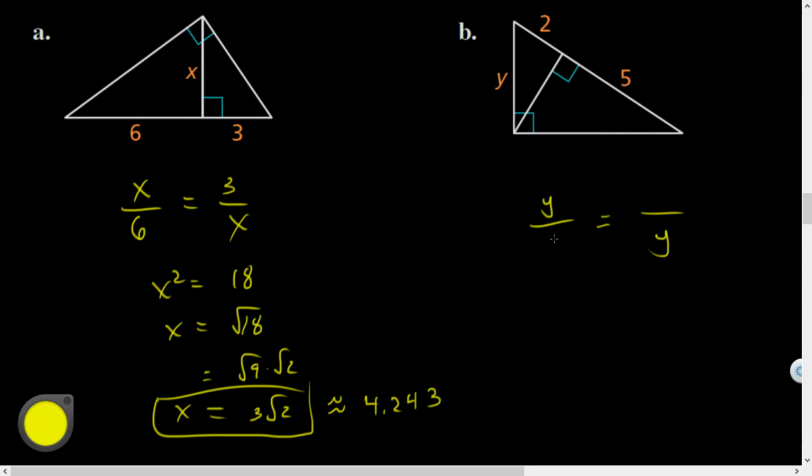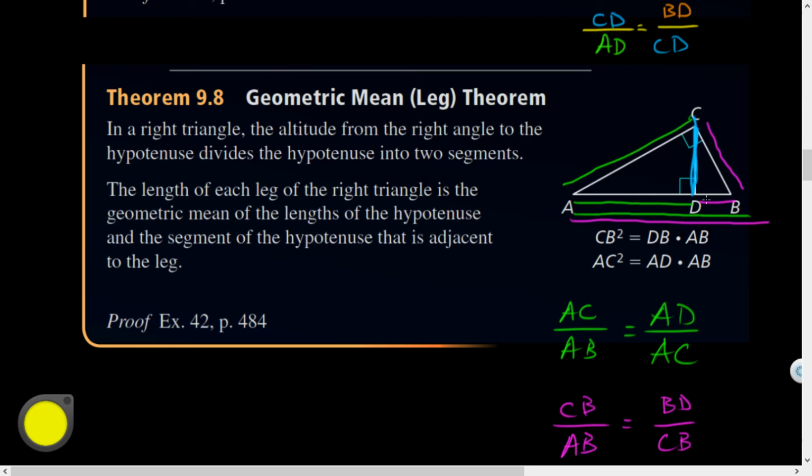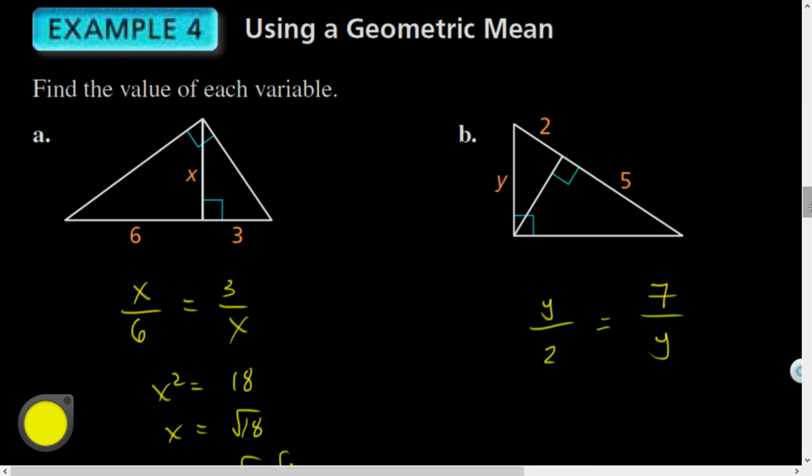Yeah, the tricky part here is that it's going to be the adjacent segment to the entire hypotenuse. So I'm not using AD. I'm using the entire hypotenuse here. And so that's why I had to calculate this entire hypotenuse using segment addition postulate.